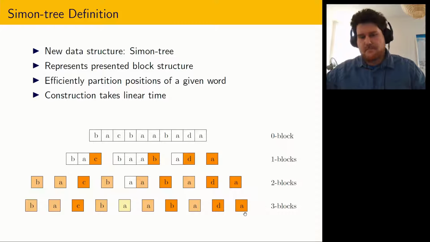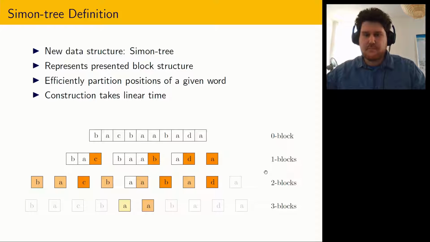So we are able to continue this tree indefinitely, but we don't really care for all those nodes. That is, we will phase out every child of a singleton block. Okay, then it will look like this. And now this looks even more like a tree structure. And now Mia will tell us how we can construct this tree in linear time.